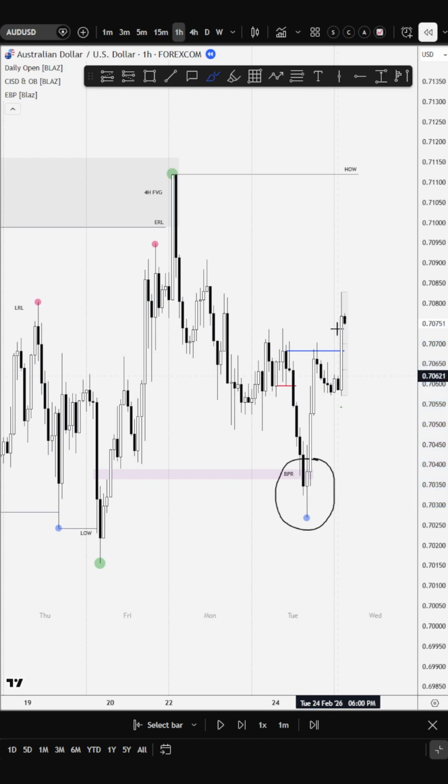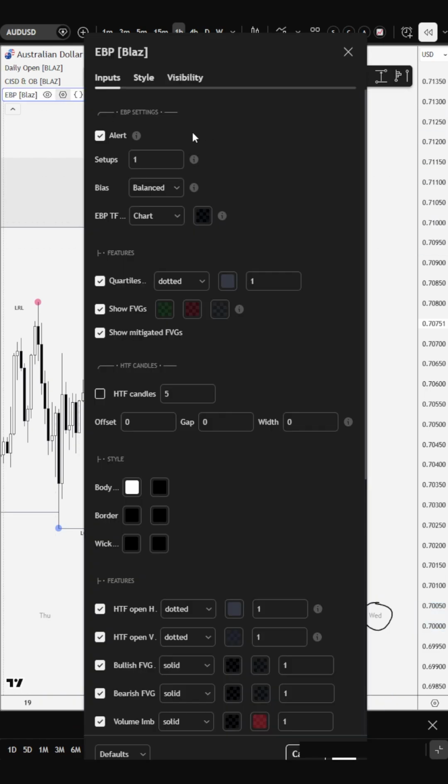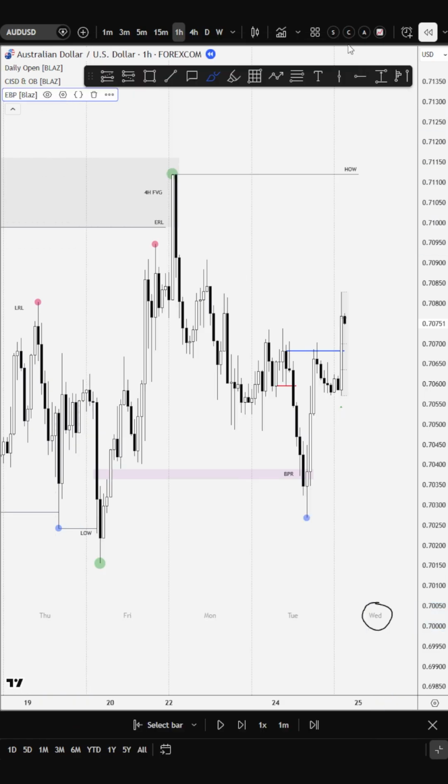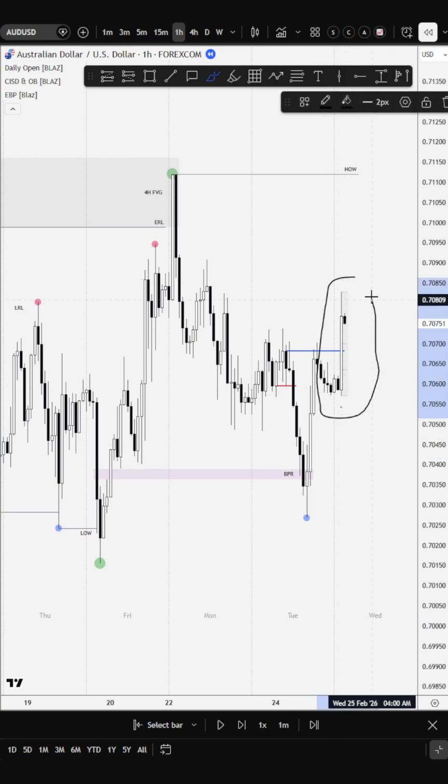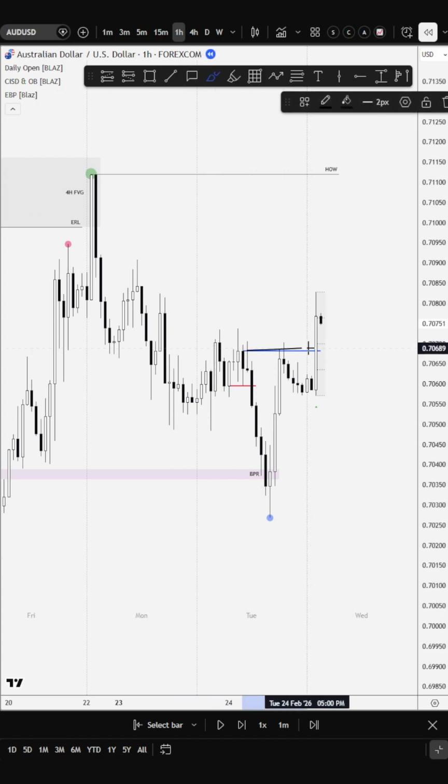and immediately, with urgency, started to push higher. As Wednesday opened, if you have the EBP indicator and you have toggled on the alerts, you would have been notified that we have a very nice EBP forming on Wednesday, and at the same time it has confirmed the change in state of delivery, closing above this series of bearish candles.